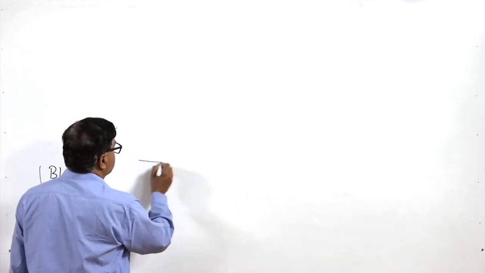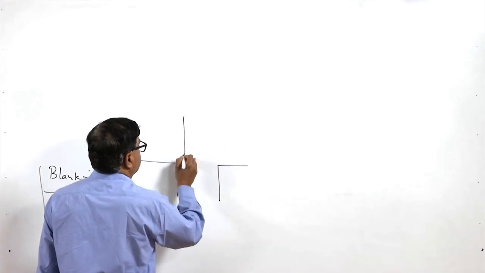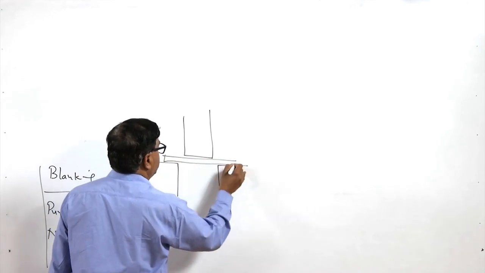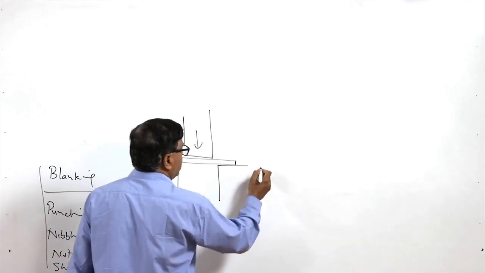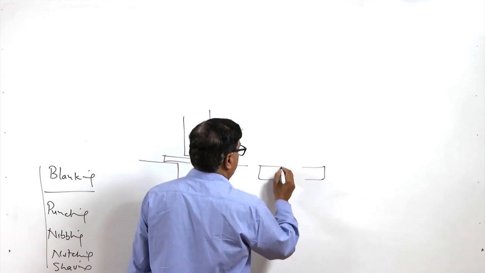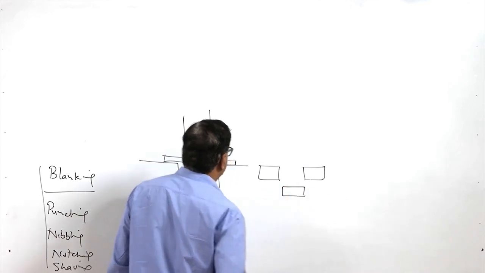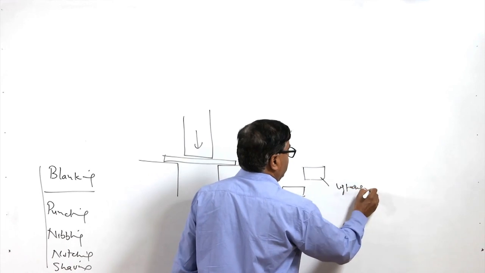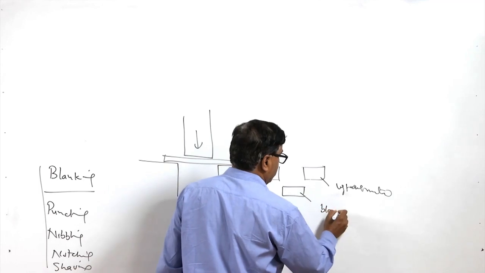So what we do in case of blanking, like say this is the die and here is our punch, and between the die and punch sheet metal is placed. So when the punch acts onto the die, what we get is basically the sheet metal with a hole of this kind, and one small piece of the metal is removed. So this is the left out metal, and this is the blank which is produced.